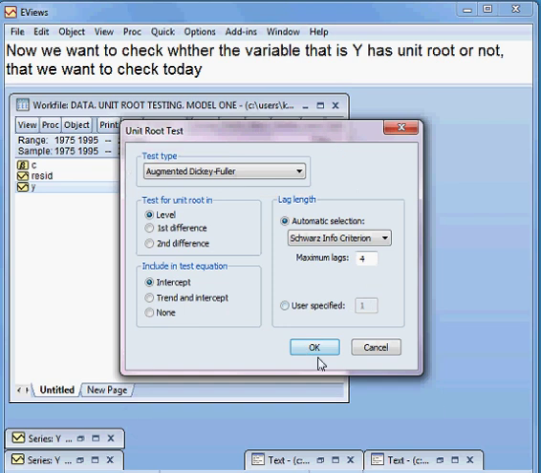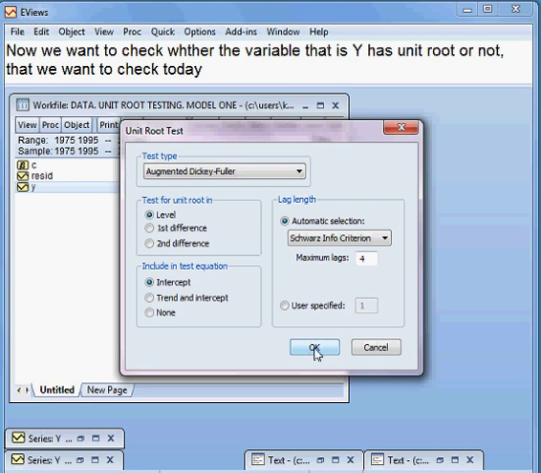Then I press OK. So I choose data at level and only the intercept, meaning there is only a constant. That is the first model of the ADF test.